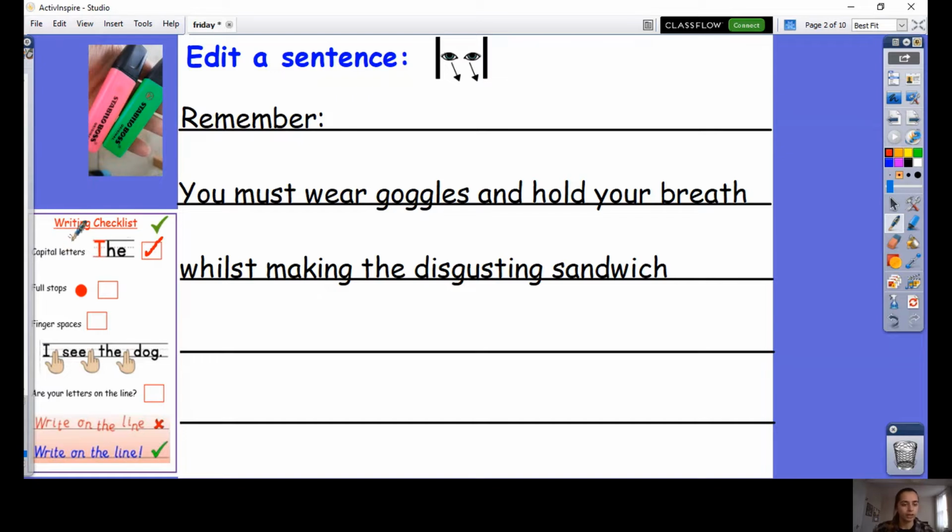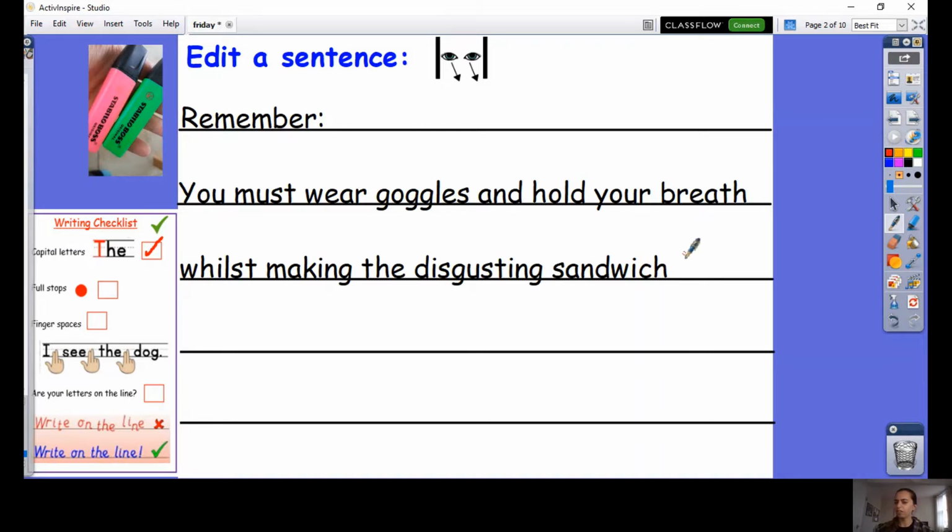Now, let's use our writing checklist. What's next? Full stops. Where should our full stops go? Correct, at the end of our sentence. So let's look to the end of our sentence and let's see if we can find a full stop. After sandwich, should there be a full stop?